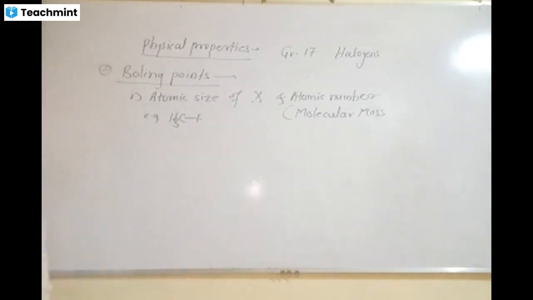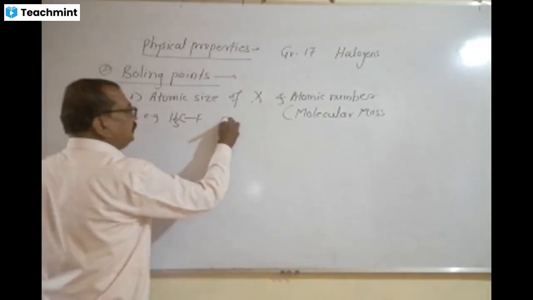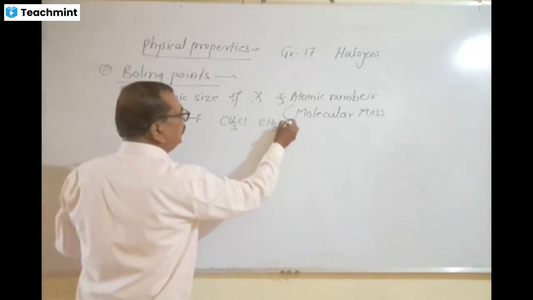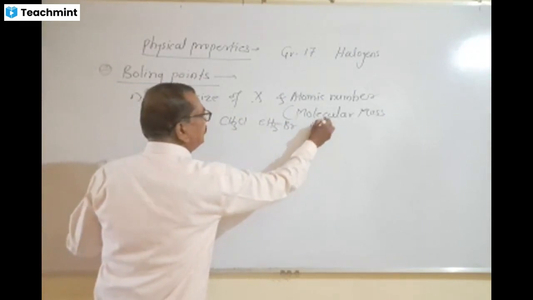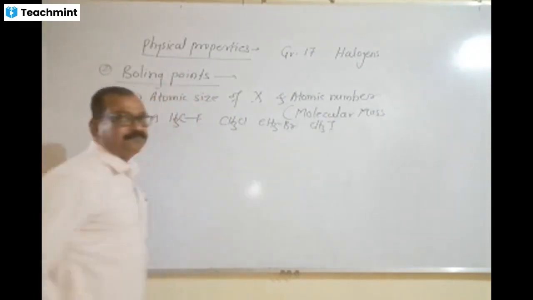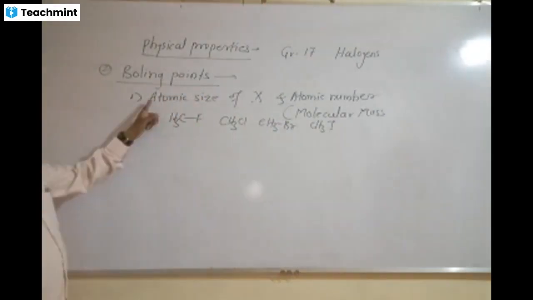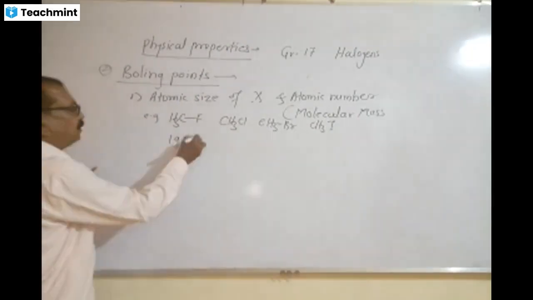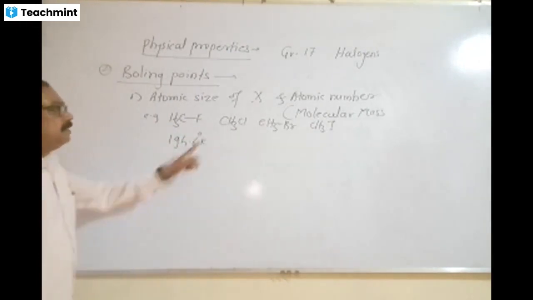CH3F, CH3Cl, CH3Br and CH3I. Boiling point of this first compound is 194.6 Kelvin.